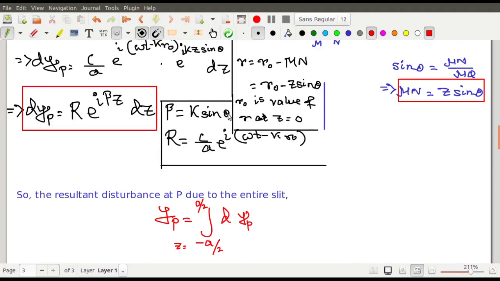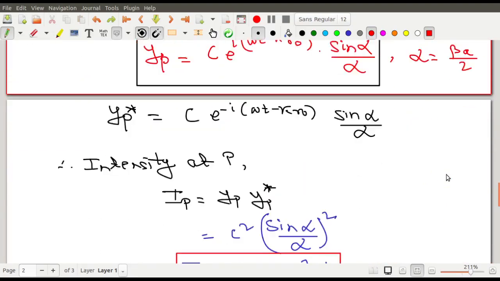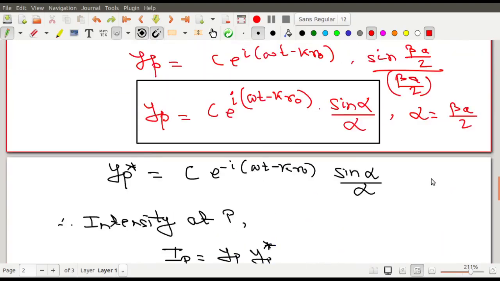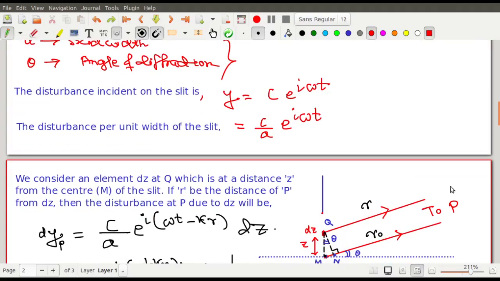You see the relation: alpha depends upon beta, beta depends upon theta, and theta is the angle of diffraction. That means as you change the angle of diffraction, you will get the intensity accordingly. And you may also enter the shadow region. This one is the shadow region, so outside this line is shadow.